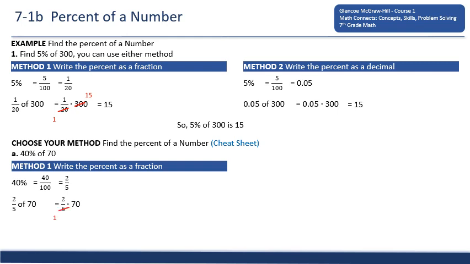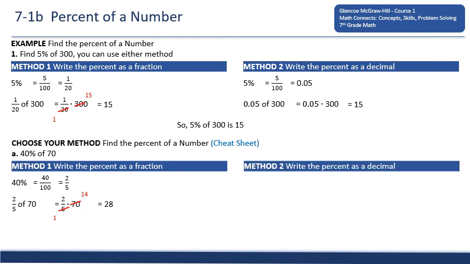So we can simplify the denominator of 5 and the numerator of 70. 5 will go into 70 14 times. So then we multiply 2 times 14 and get 28.